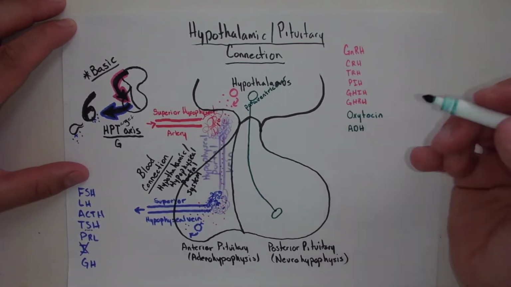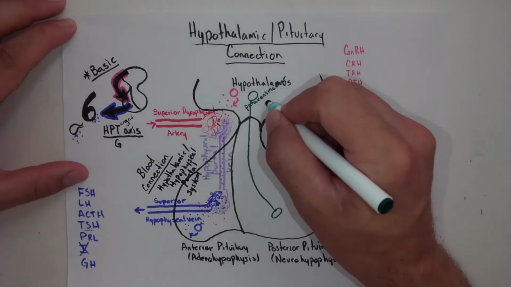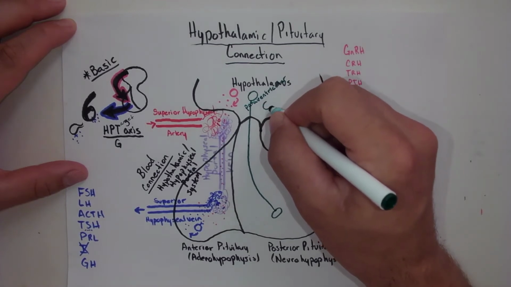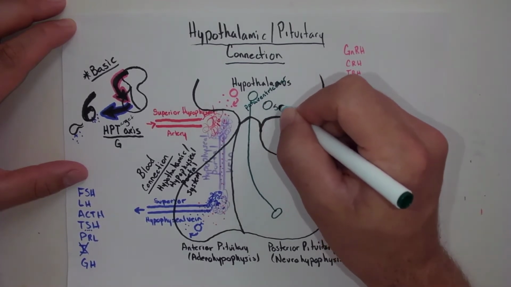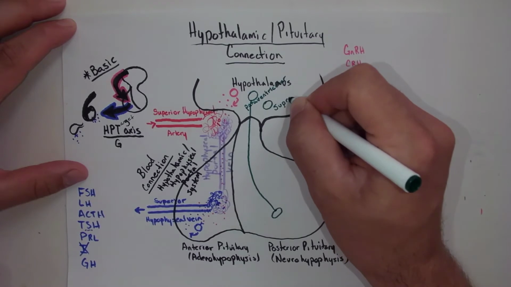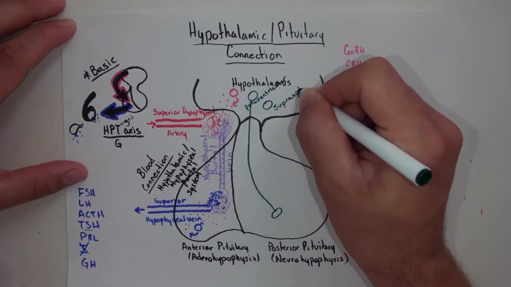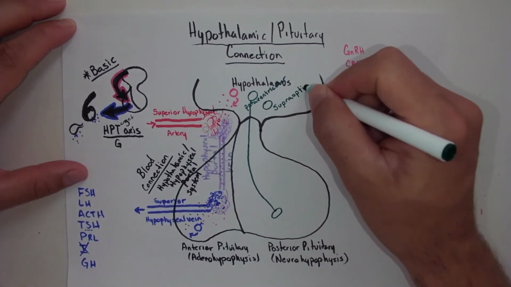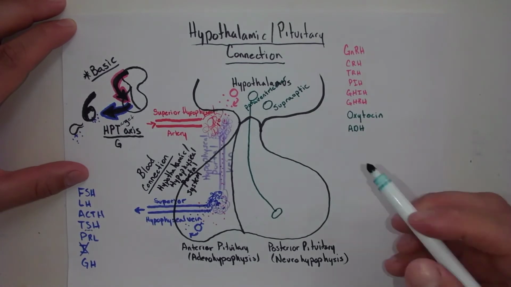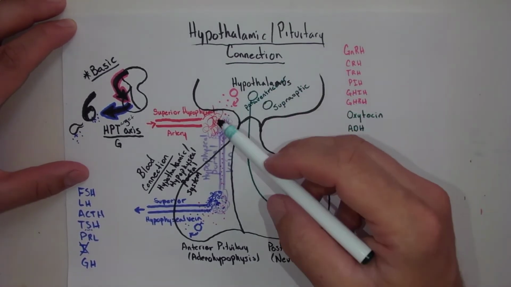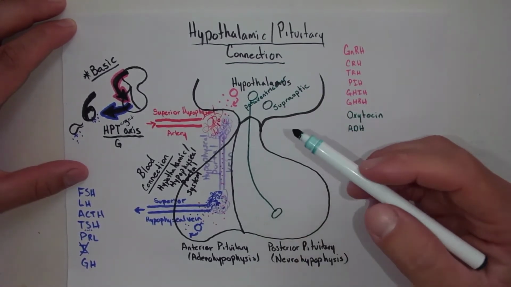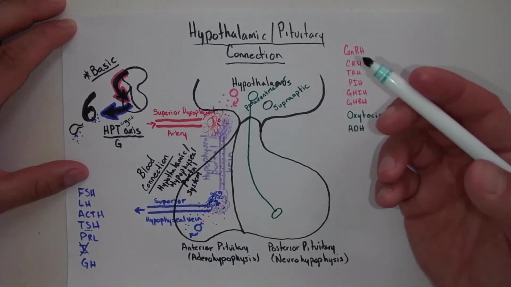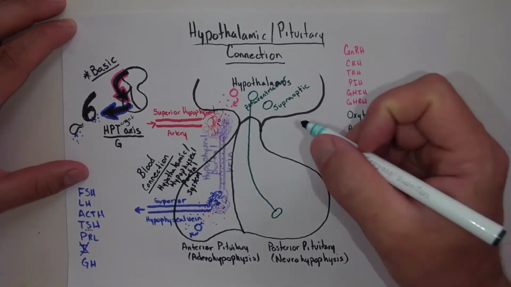Now, antidiuretic hormone is made in cells of the supraoptic nucleus. The hypothalamus is made up of all sorts of collections of cells, and they get the term nuclei, or nucleus.